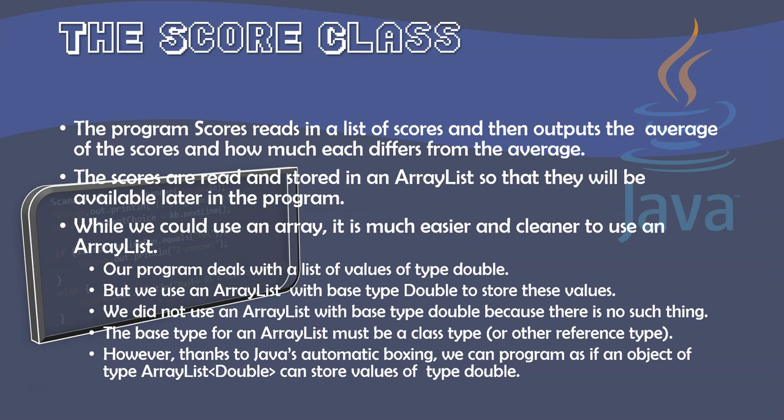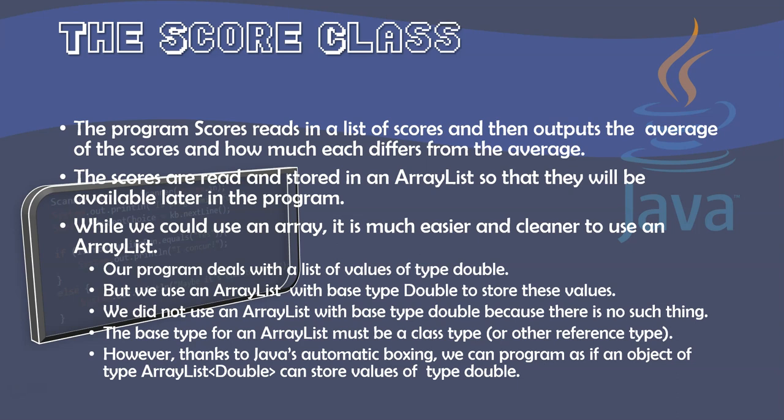Notice it's a lowercase d there, because array lists have no base type double. It has to be a class type. If you have double with a lowercase d, remember that is a primitive type. It has to be a class type or some other reference type. For example, String would work because String is a class.